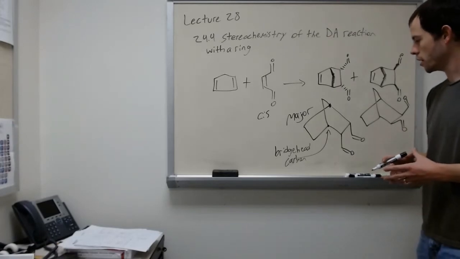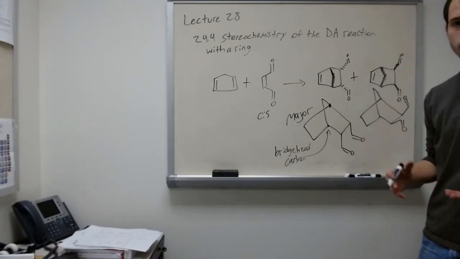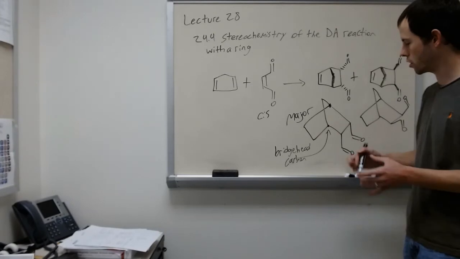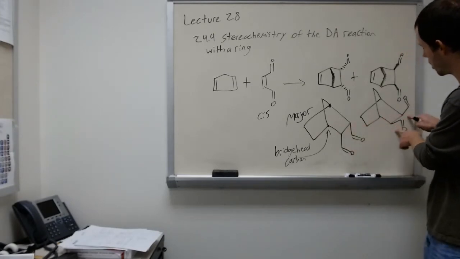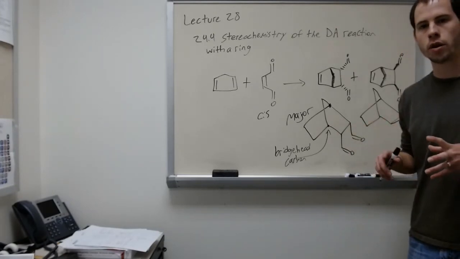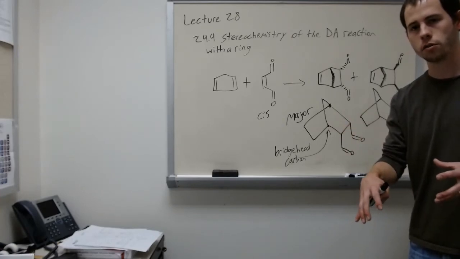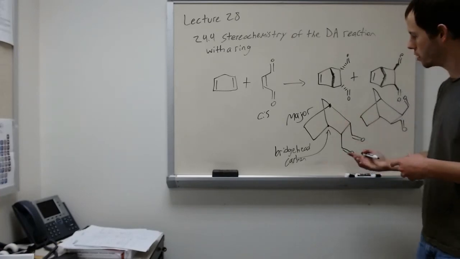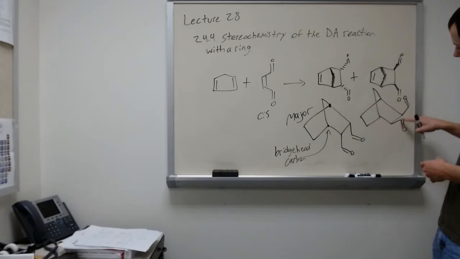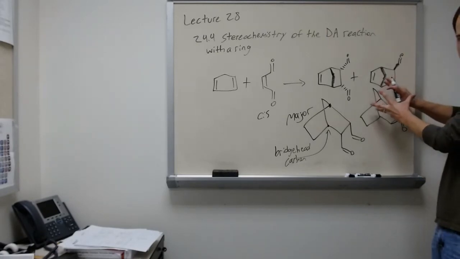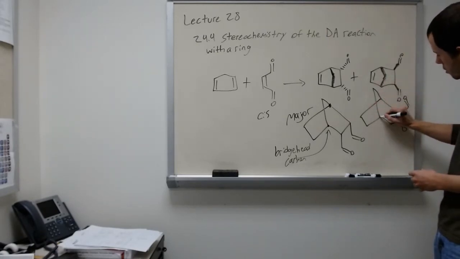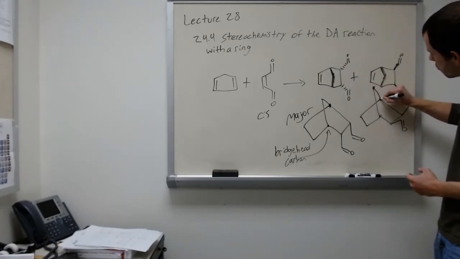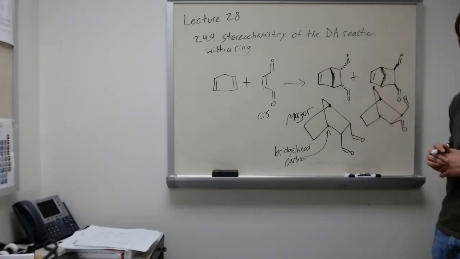All right, lastly, we talk about these being endo or exo. And so you want to look at the substituents coming off of the ring and see whether they're going into the largest ring or into the smallest ring. So, if we look at this coming up, the ring that it's going into is the 1, 2, 3, 4, 5-membered ring.